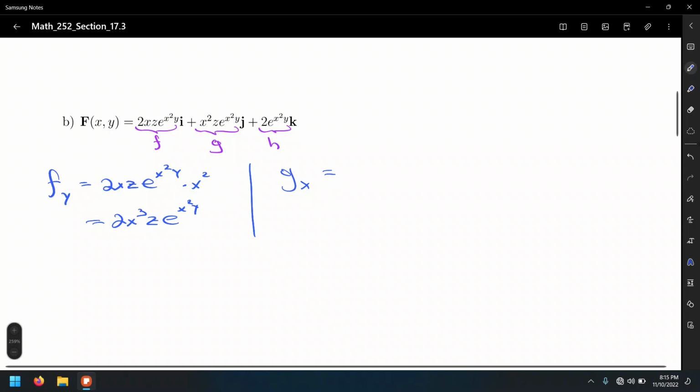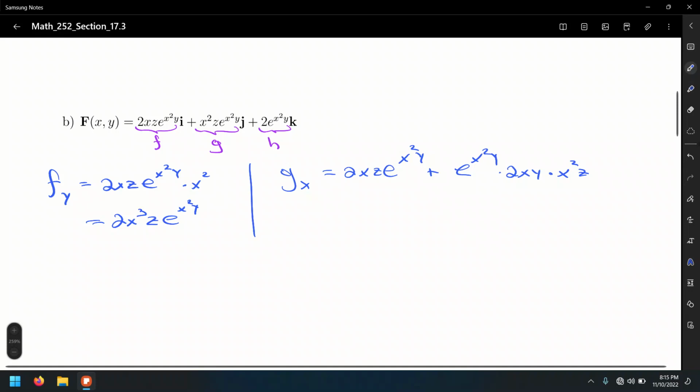The derivative of x squared z with respect to x is going to be 2xz times e to the x squared y, plus the derivative of the exponential, which is itself e to the x squared y, by chain rule multiplied by 2xy, and then times the other factor, which is x squared z.